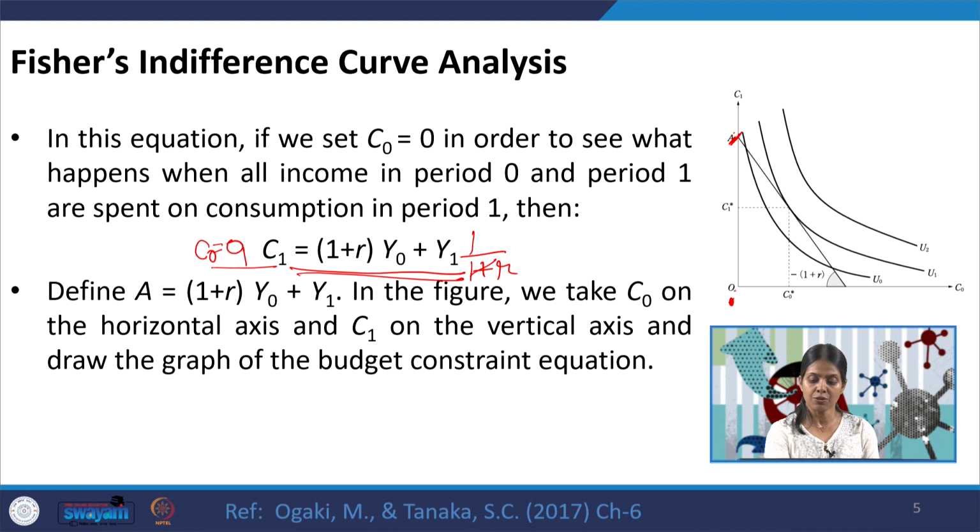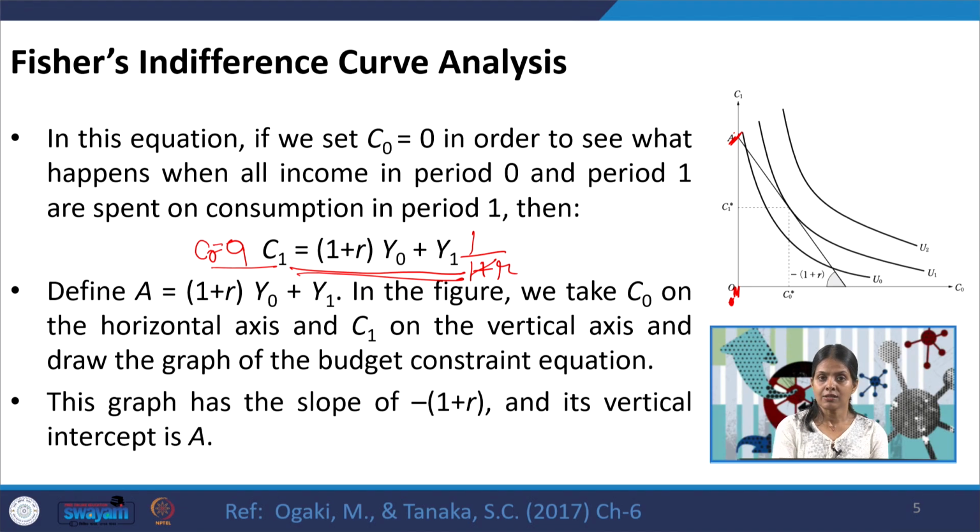If you are not consuming anything in period 0, this is the maximum possible consumption in period 1, and that is denoted by A in this diagram. We take C0 on the horizontal axis and C1 on the vertical axis and draw the graph of the budget constraint equation.